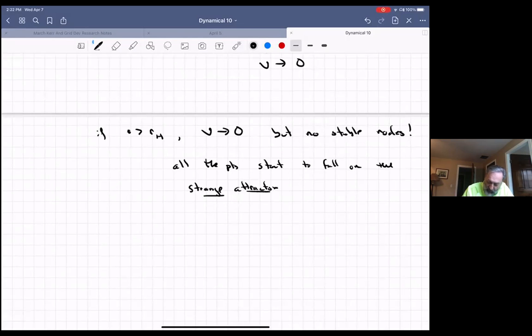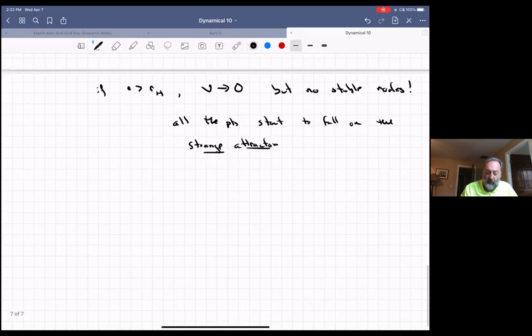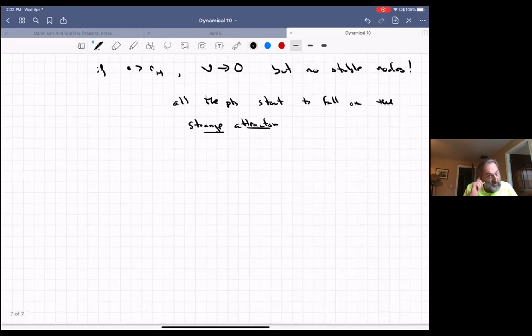So this is a new type of structure that shows up in nonlinear systems of 3 dimensions or more, right? There are no strange attractors in 2-dimensional systems, no matter how nonlinear they are. But here we have a 3-dimensional system that's nonlinear. And so this strange attractor is a surface.